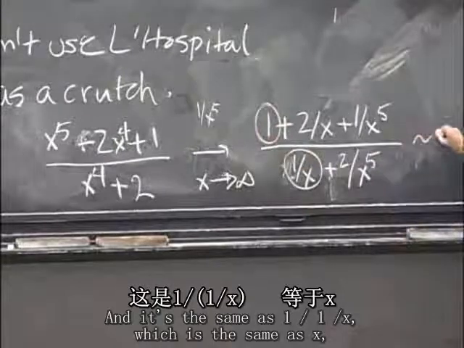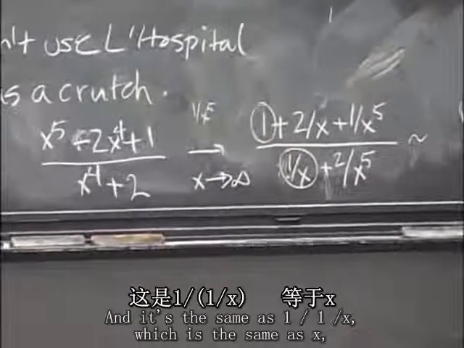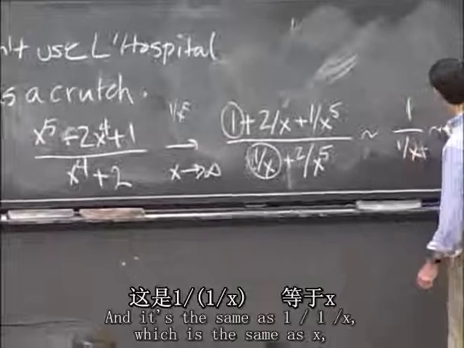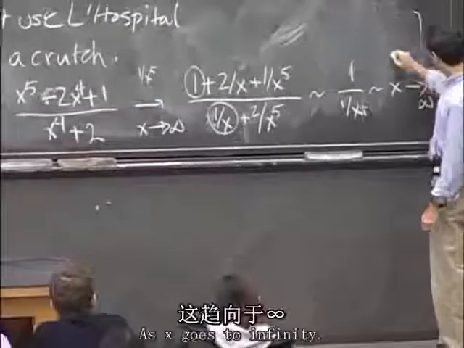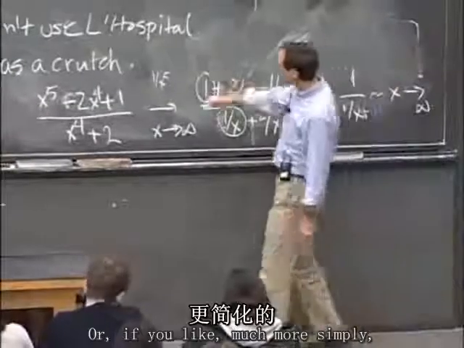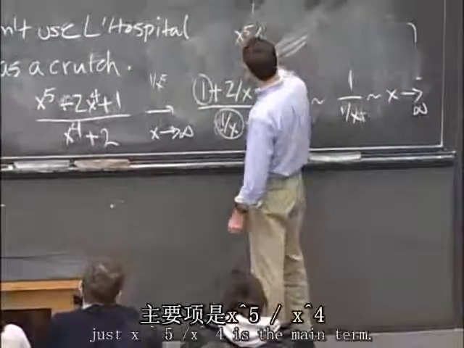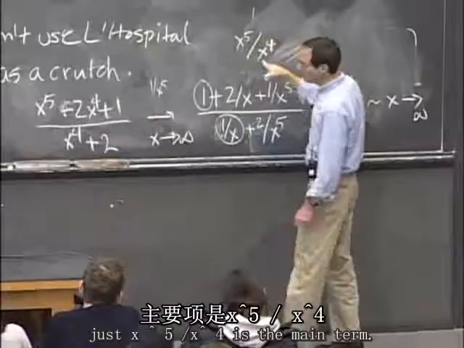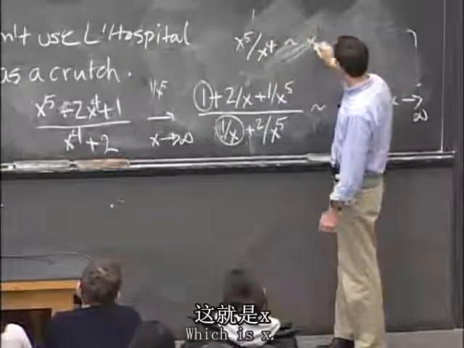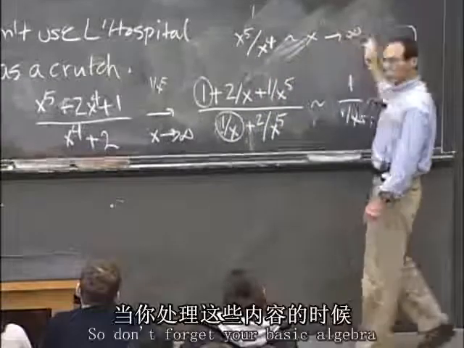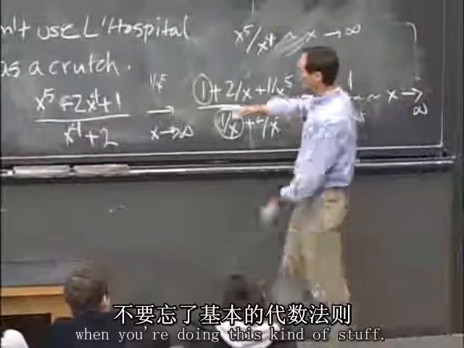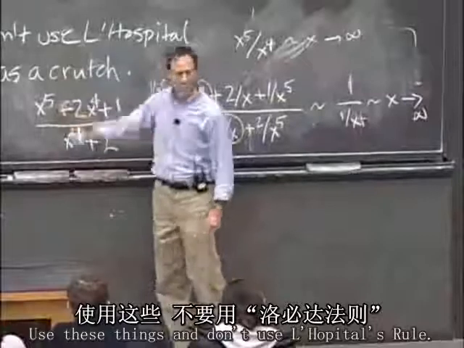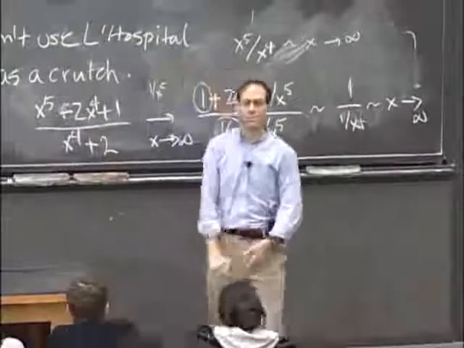And it's the same as 1 over x, which is the same as x, and it goes to infinity as x goes to infinity. Or if you like, much more simply, just x to the 5th over x to the 4th is the main term, which is x, which goes to infinity. So don't forget your basic algebra when you're doing this kind of stuff. Use these things and don't use L'Hopital's rule. Okay, see you next time.